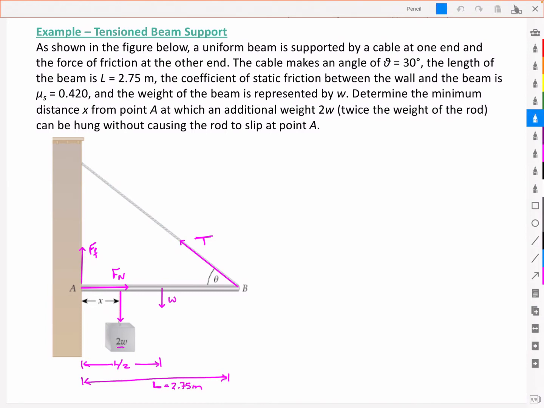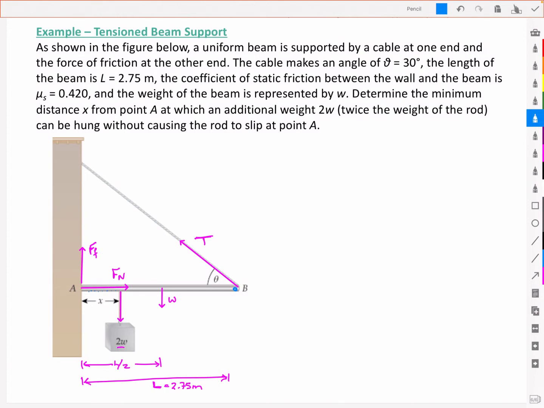So one way to think of this problem would be to put a pivot point here at B. The tension in the cable is holding that rod in place at that location, B. Then we would have the additional weight, 2W, torquing it downward, and the frictional force being the one to hold it up.